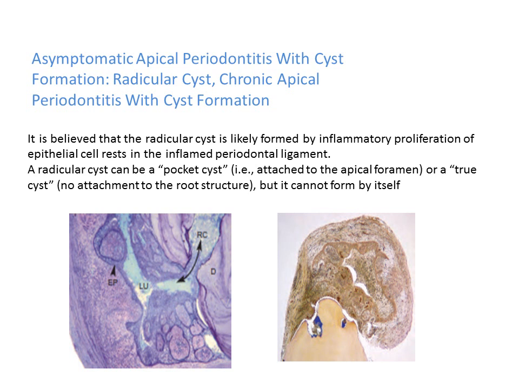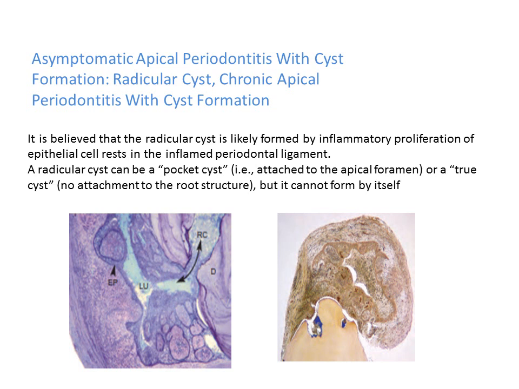Sometimes there is a symptomatic apical periodontitis with a cyst formation, like radicular cyst, chronic apical periodontitis with cyst formation. The details for these things, you should take them in detail.